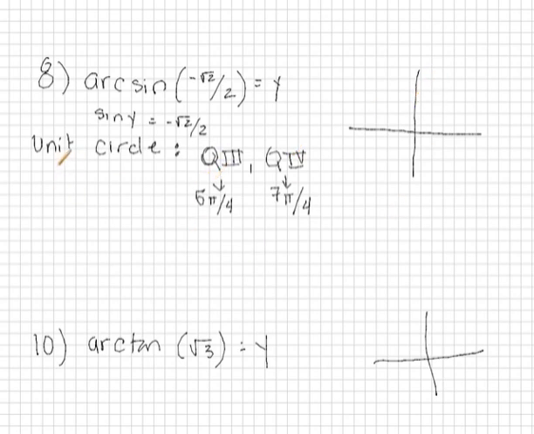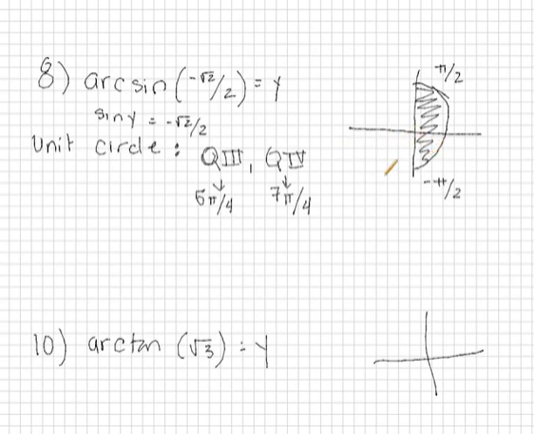Now we're going to move on to step 2, and we're going to sketch our domain for arc sine. That one is a half circle on the right hand side. So let's go ahead and fill that in. It goes from negative pi over 2 to pi over 2. Once you have your domain sketch, you're going to check both of your answers against this picture and see which one is right.